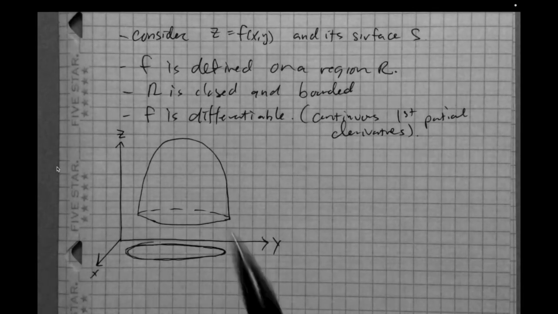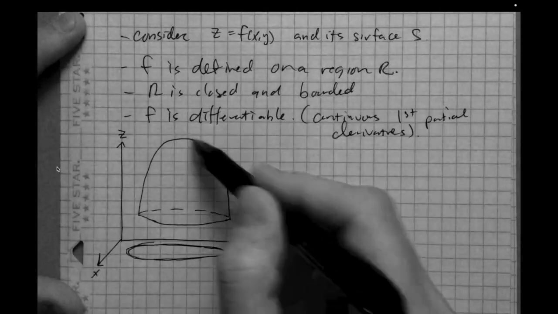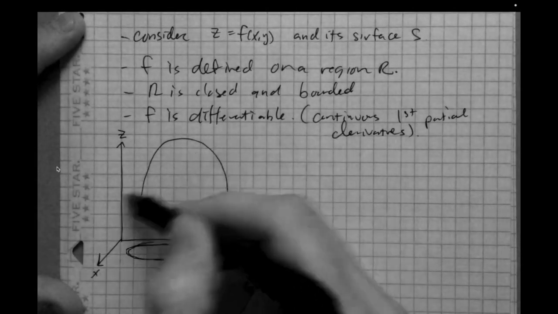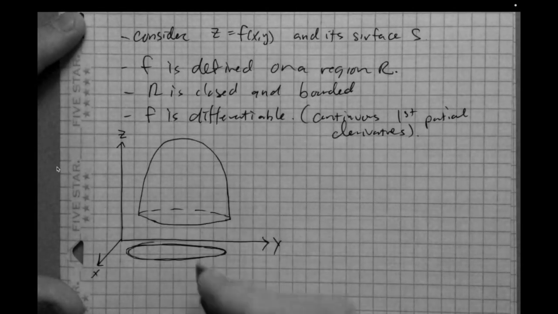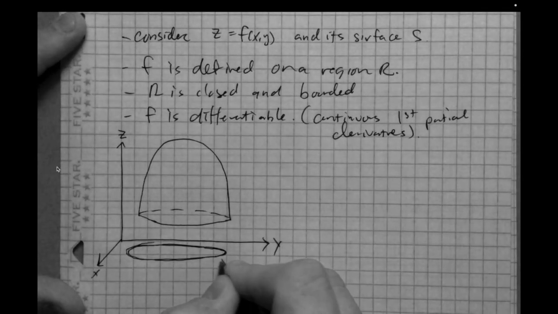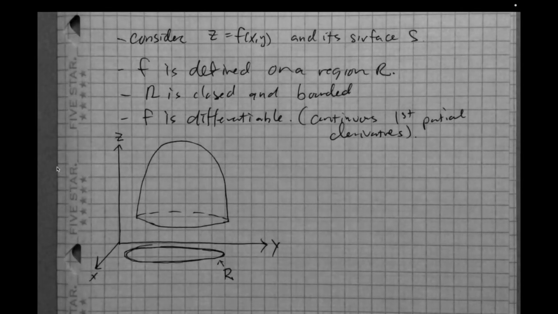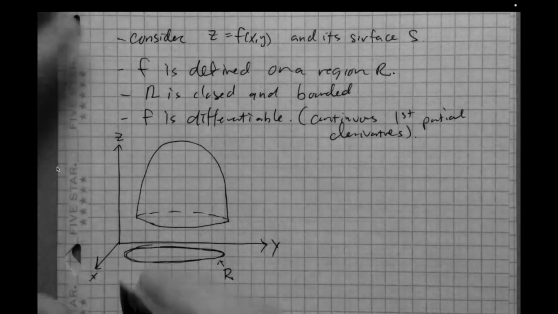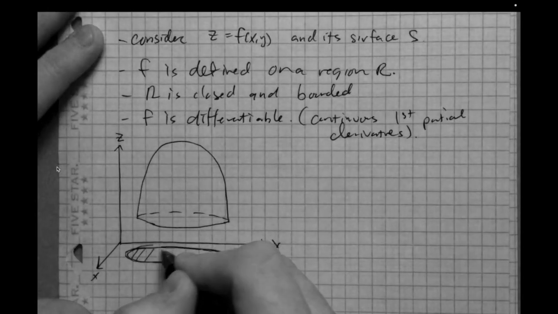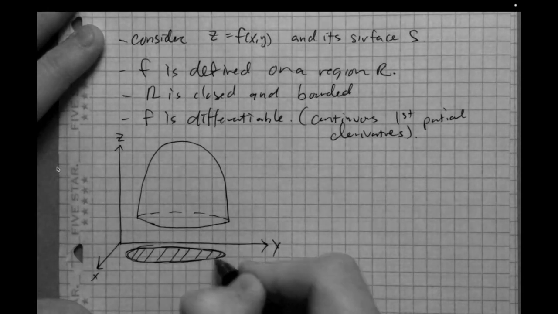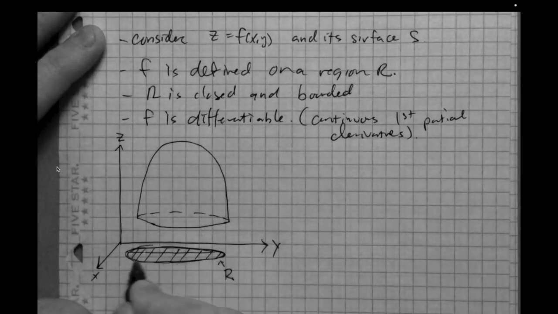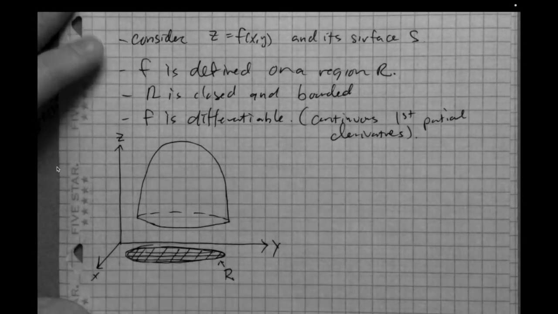So what we're interested in doing is finding the surface area of this surface that lies above R. So this is R. And as we typically have to do with double integrals, we have to create some kind of a partition of R. In this case, we're going to use rectangles, just like we saw in previous examples.